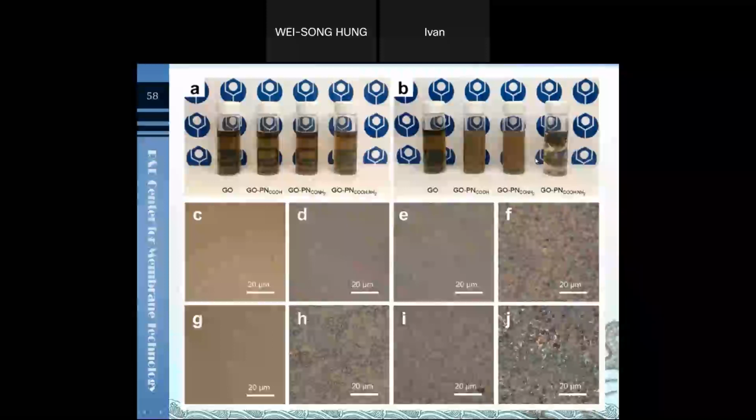At a high temperature, the color becomes dark and aggregation occurs. This switchable phenomenon can also be observed under the microscope.